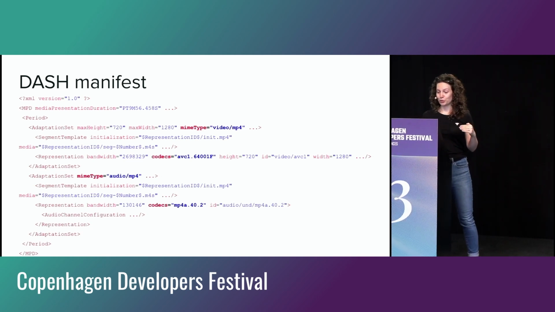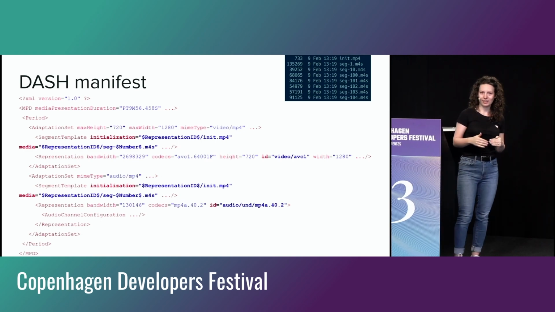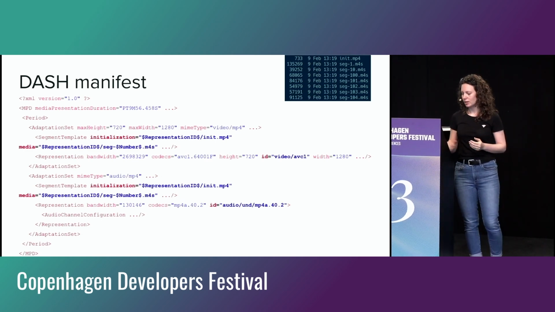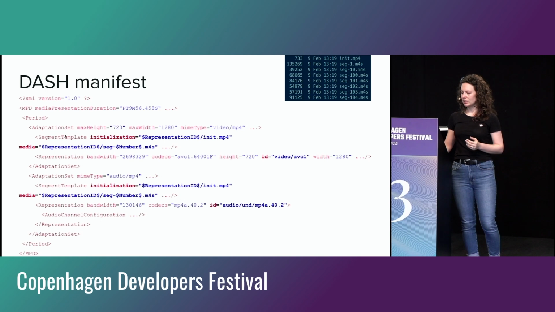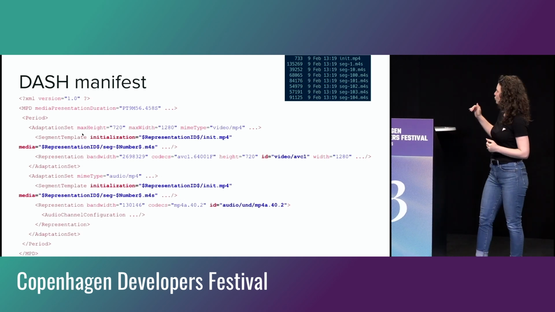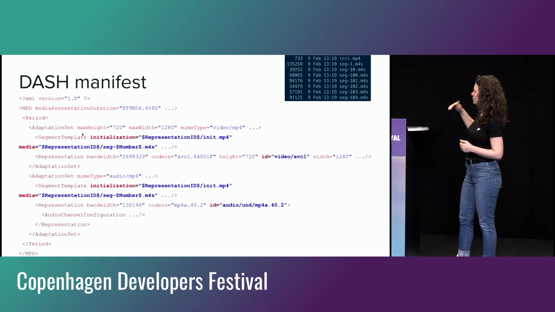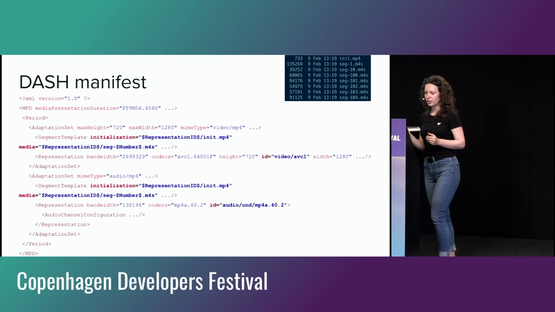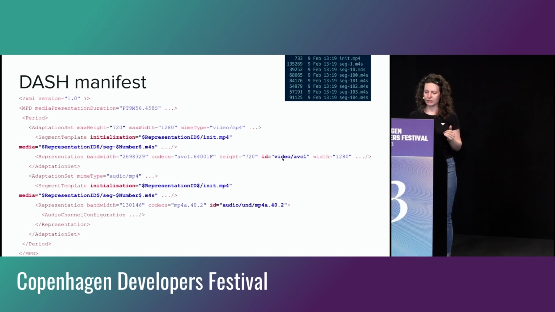When it comes to where to find it, here I highlighted other fields as well. We have the segment template here, and we have 2 fields, initialization and media. We also have the ID highlighted a bit below.